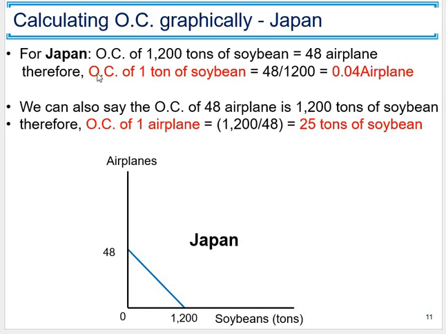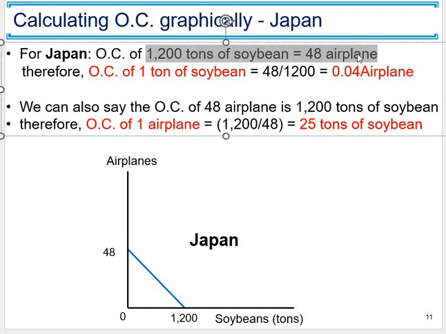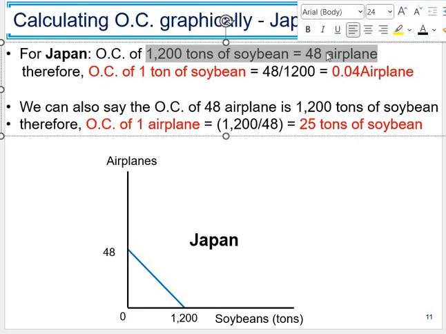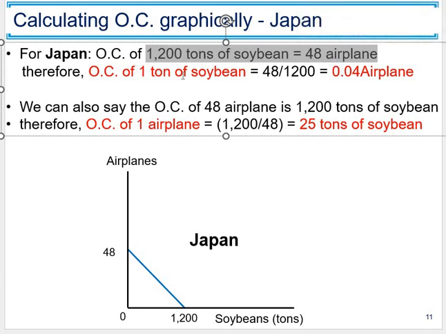Okay? Now, if we want to calculate the opportunity cost of 1 ton of soybean, then we divide this equation, 1,200 tons of soybeans equals 48 airplanes, by 1,200.